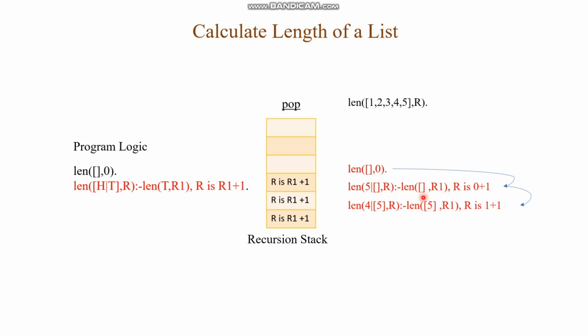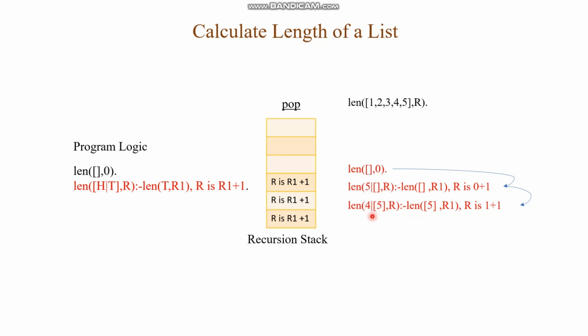Now from the previous stage, R1 has been calculated. R1 for 5 has been calculated. So using this R1, R is being calculated. This R is for this particular function, or predicate, where it contains two elements, 4 and 5. 4 is the head, 5 is the tail.